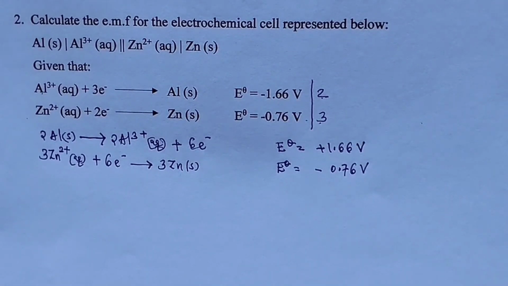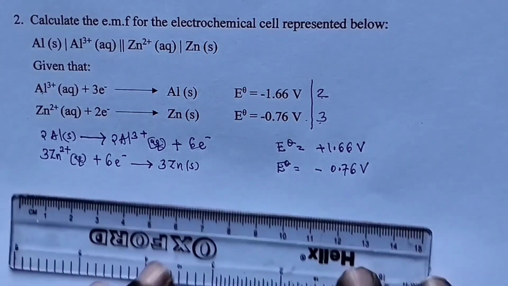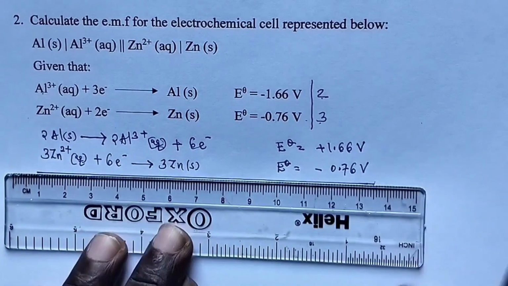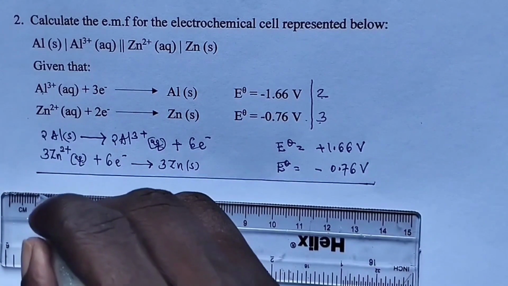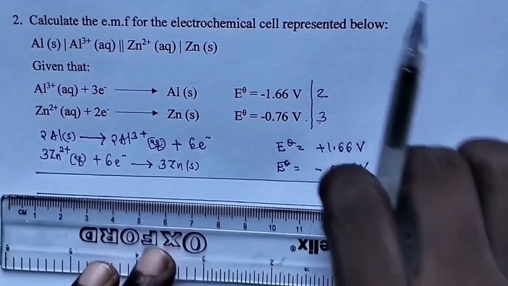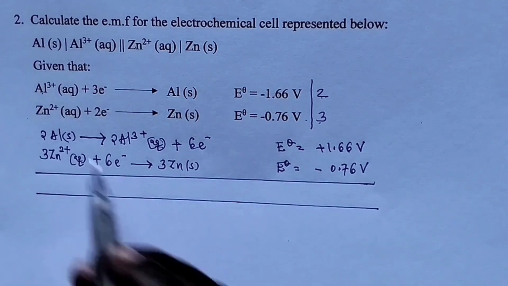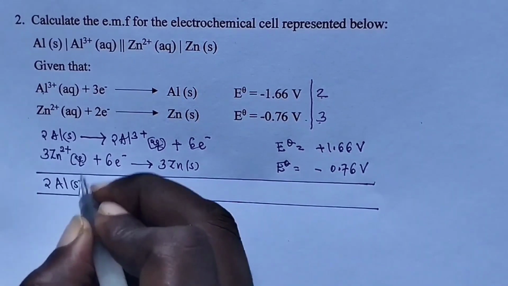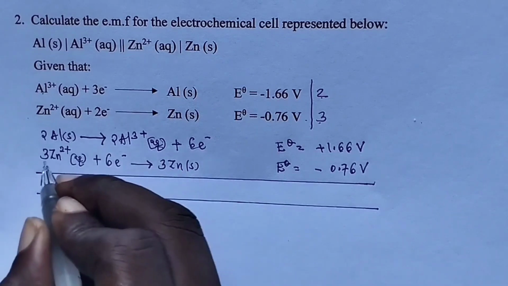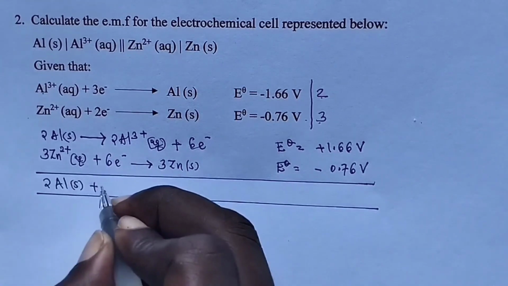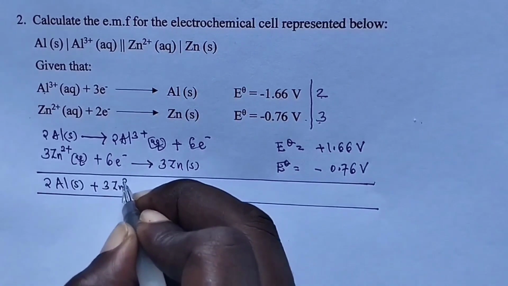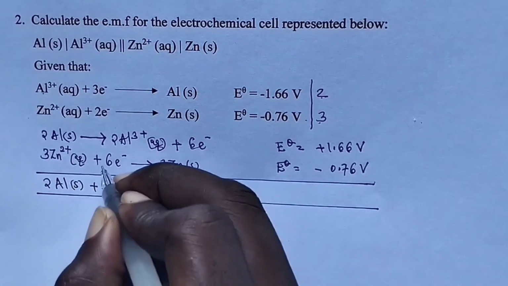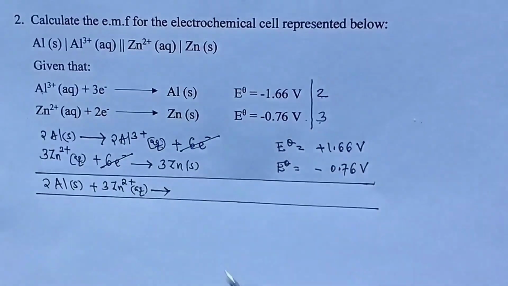So we are going to add these 2 half ionic equations. Let's start with the first one. On the reactant side, we have 2 aluminum solid, plus 3 zinc 2+ ions, aqueous. Then arrow, because these 6 electrons will go with those 6 electrons.